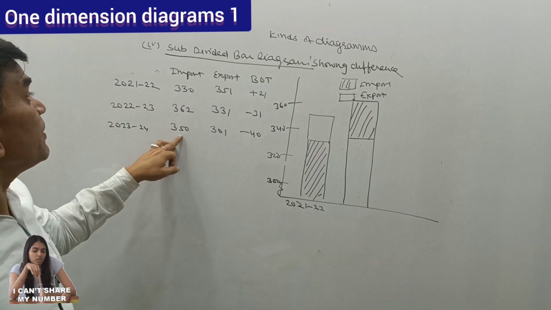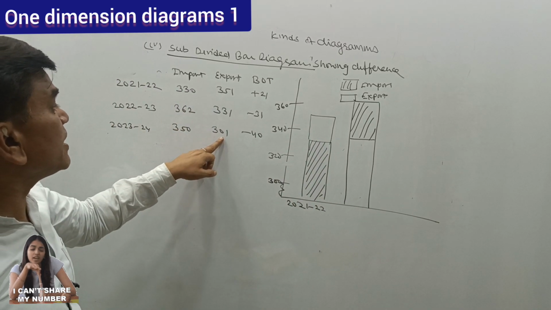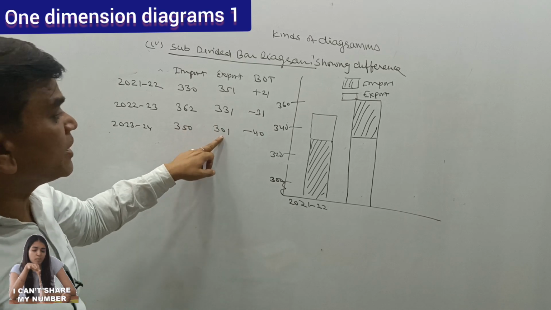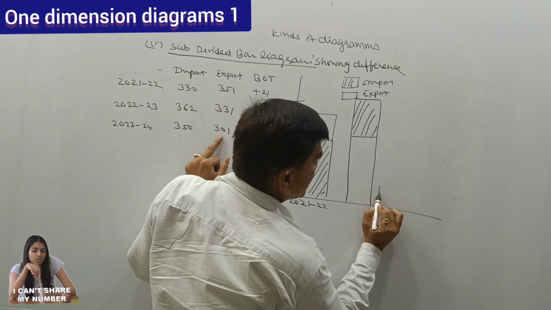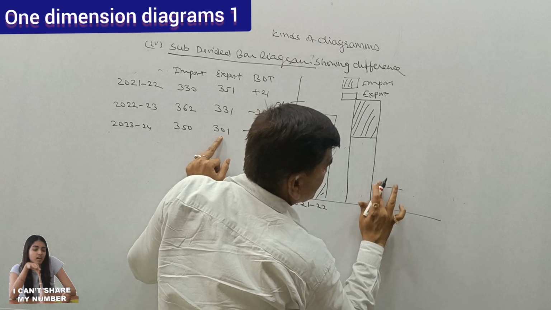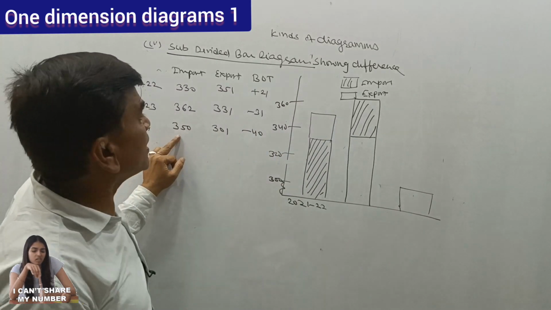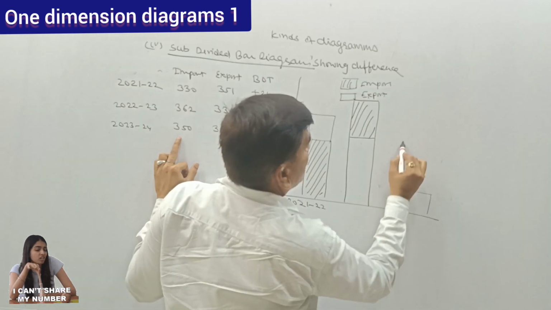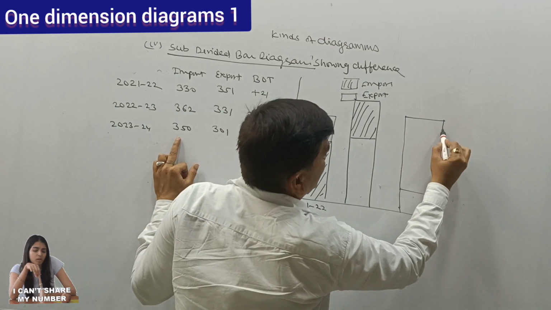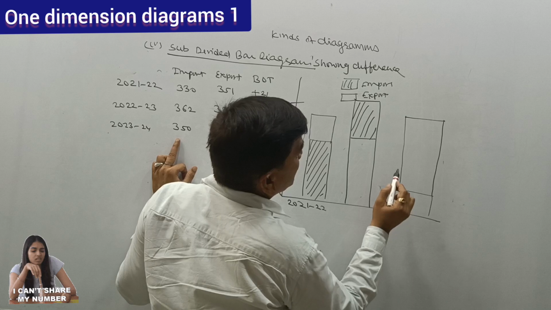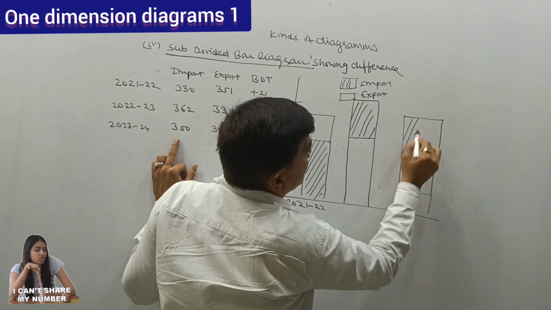Next one, 350 is import and 301 is export. So first we will have 301, and this is 350. So 350, this blank and this will be heavy.